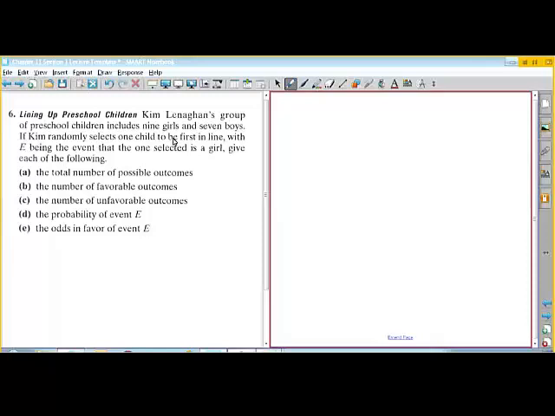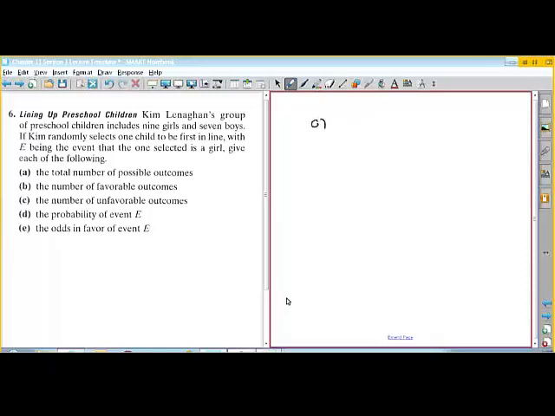So in this case, they're defining the positive outcome as being a girl when you randomly select a person. They're guiding you through the questions you have to ask to come up with a measure of the probability.